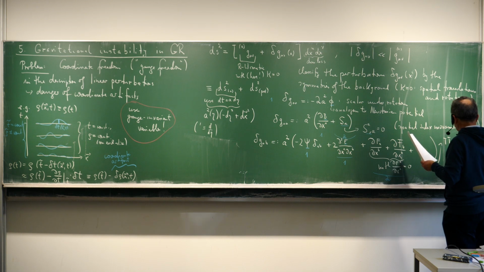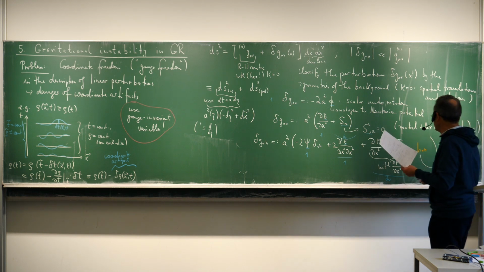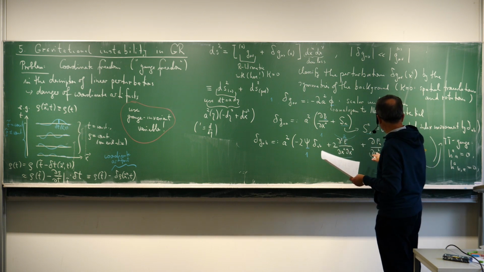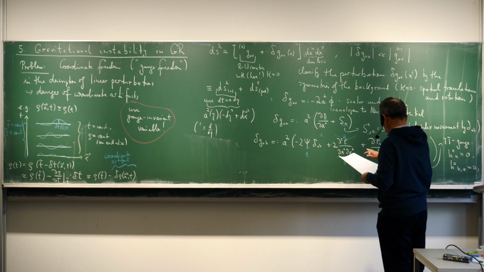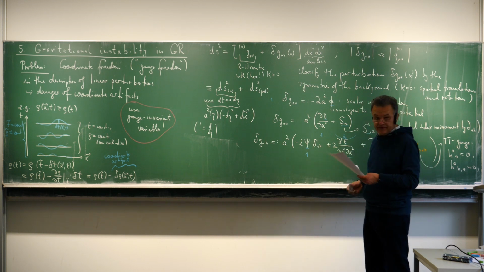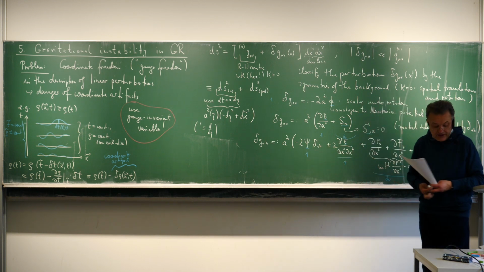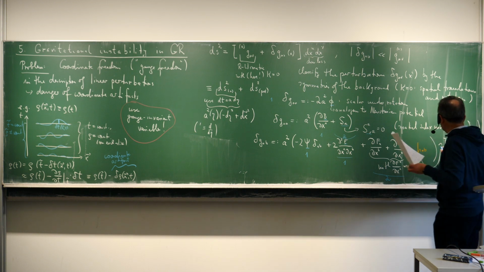That means it's traceless and transverse, so vanishing divergence, because the divergence has been put in these other terms, and the trace here. So we are left with 2.